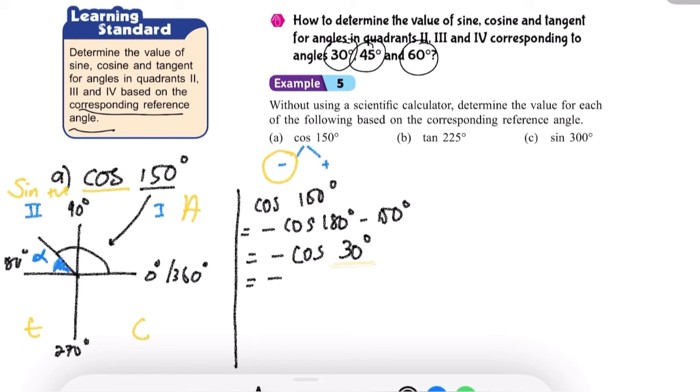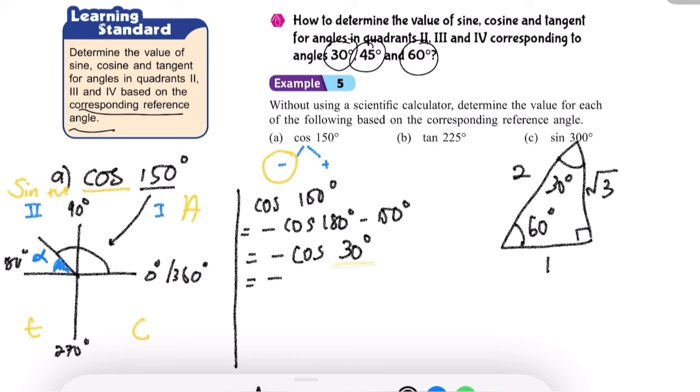When I see special angle 30 degree, I draw my special right angle triangle with 30 degree in it. And then I put down all the unit ratio for that right angle triangle.